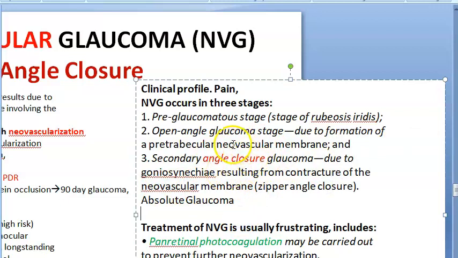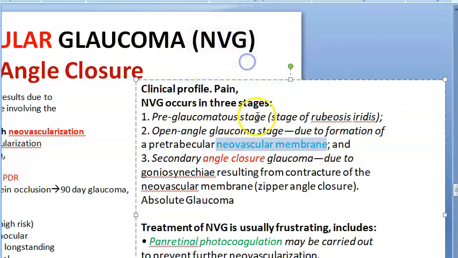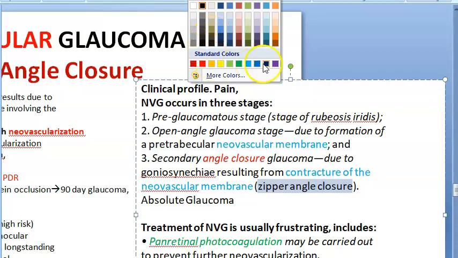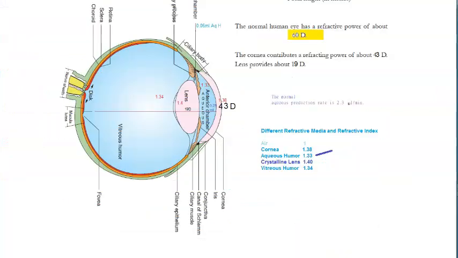See, first of all, there is some neovascular membrane. Till then, it was fine. Then what happened? There is contracture of this membrane leading to goniosynechiae, that is the angle sticking. So that is what is called zipper angle closure. So they're using some terminology here, zipper angle closure. Then that will go into glaucoma, right? Did you understand, guys?